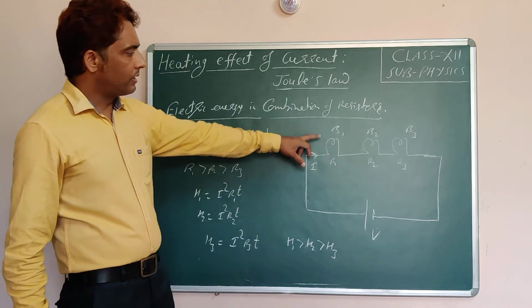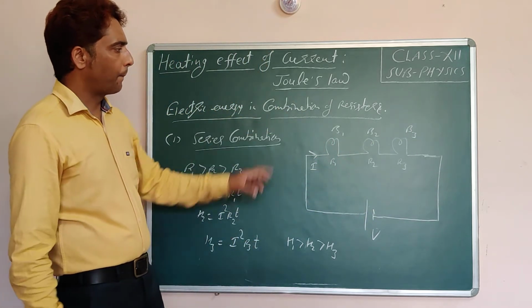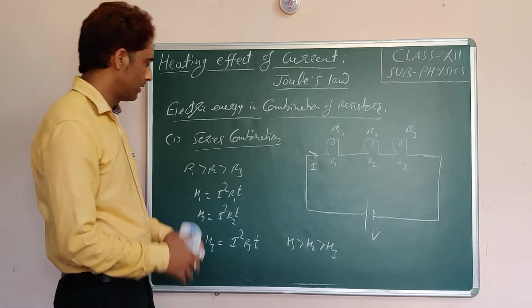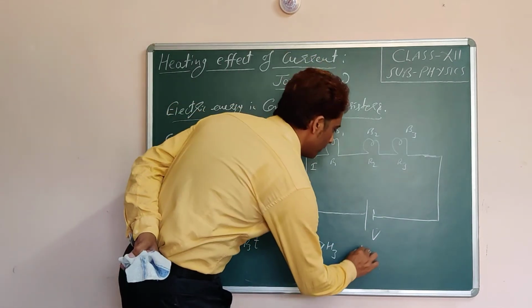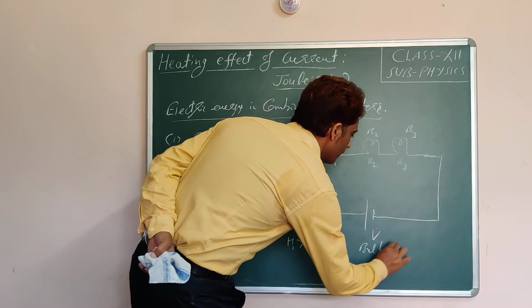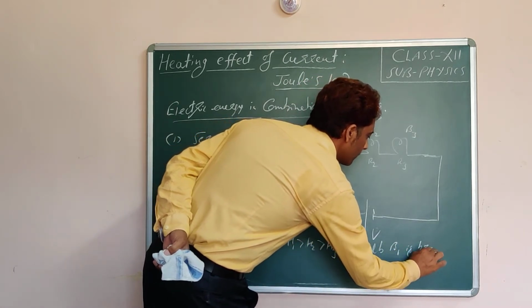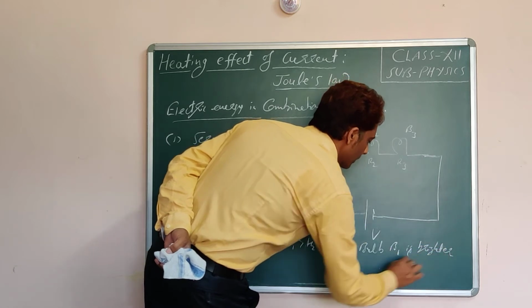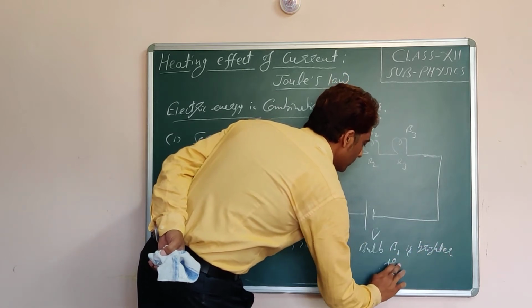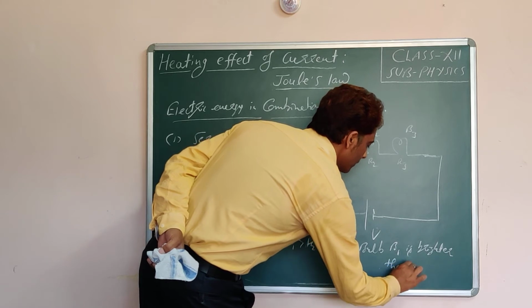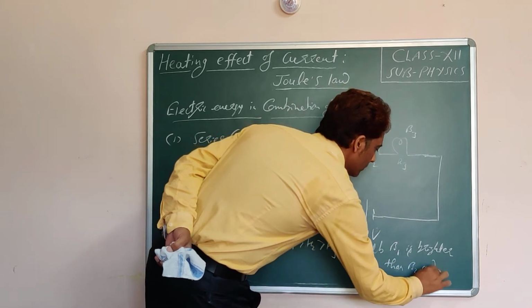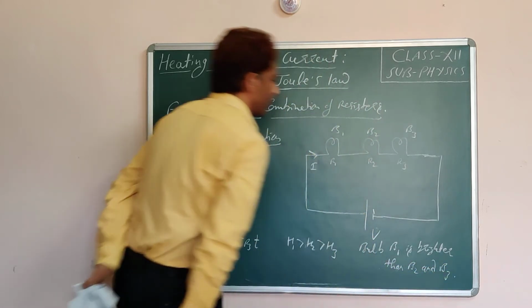So V1 has maximum brightness. We can write that bulb V1 is brighter than V2 and V3.